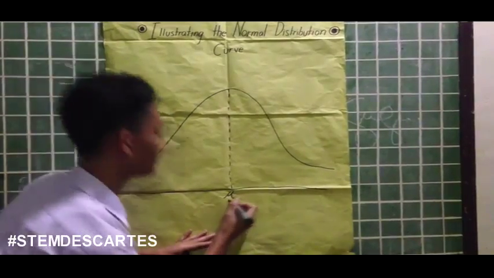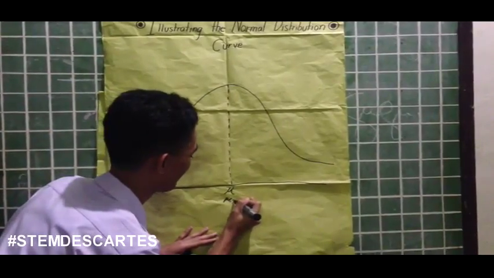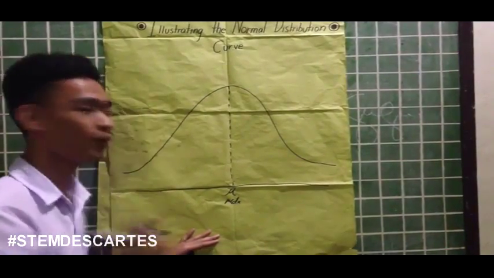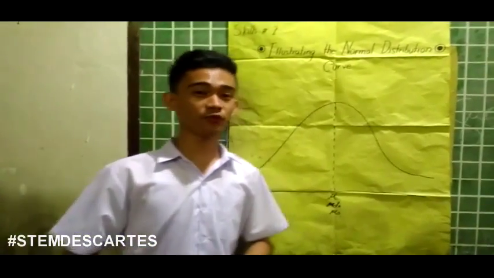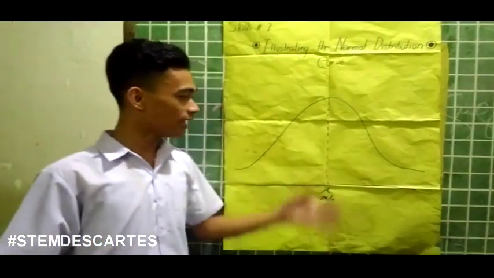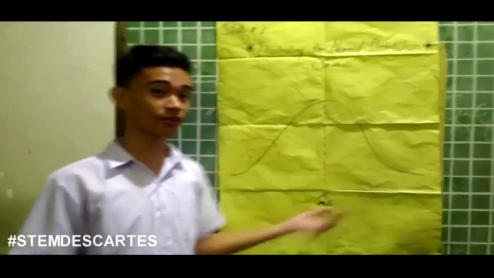While the median, mode. Property number 4. The width of the curve is determined by the standard deviation of the distribution. So on the right side, we will put mean plus 1 standard deviation.